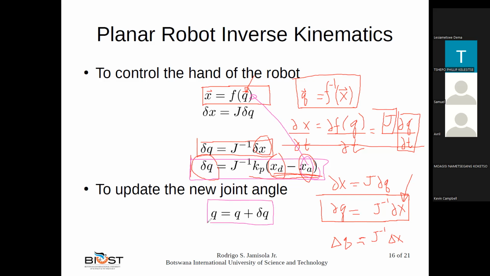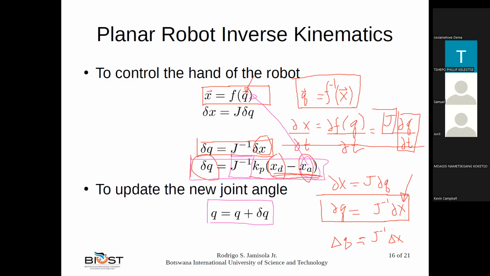That's it. So this is just an overview of how we are going to implement the control equation in terms of the hand position, because that is the meaningful action. So the next thing to do to complete this information is for us to understand what the Jacobian is and how we compute the inverse of that Jacobian.